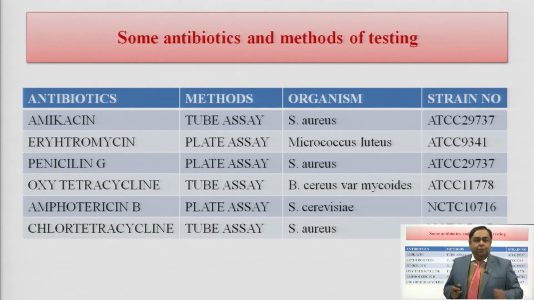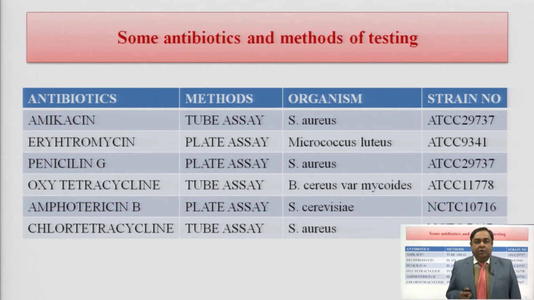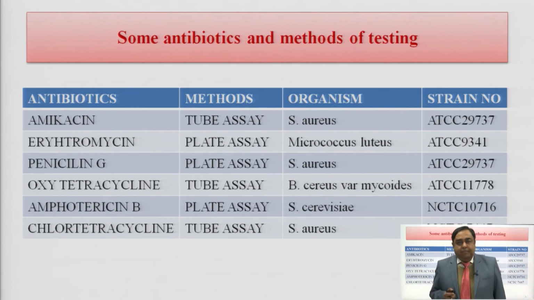Now, let us come to what are the organisms which are specified or recommended by Indian Pharmacopoeia. IP recommends amikacin to be estimated or assayed by Staphylococcus aureus ATCC, American Type Culture Collection, 29737.